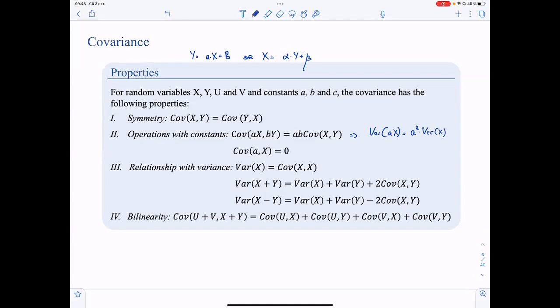Why so? Well, we know that covariance of AX with itself is actually a variance. And then you could do that transformation, and you get A squared times covariance of X with itself.